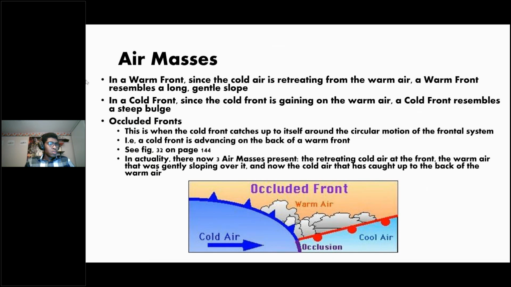And so you get this occluded front. You almost have three different air masses in terms of temperature that are all converging, and then all this warm air just gets moved straight up, as you can see there. So it's an occluded front, or an occlusion.